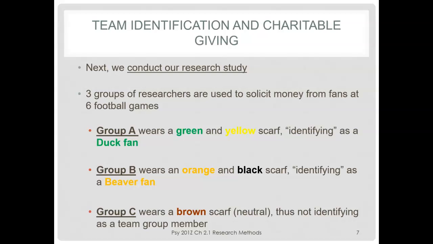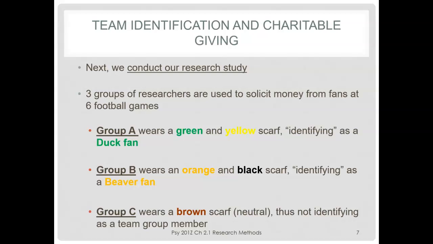So we need our research assistants to look like one of the 3 groups: a Duck fan, a Beaver fan, or a neutral non-fan. So our Duck fans are going to wear green and yellow scarves. The minute someone who's a Beaver fan sees you in your green and yellow scarf, they know you're a Duck fan. The moment a Duck fan sees that you're wearing an orange and black scarf, they know that you're a Beaver fan.